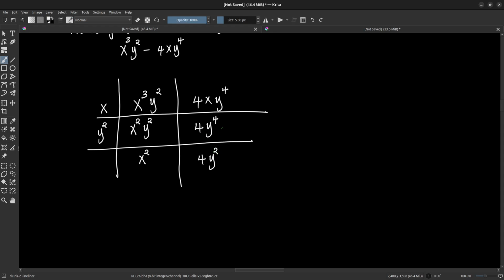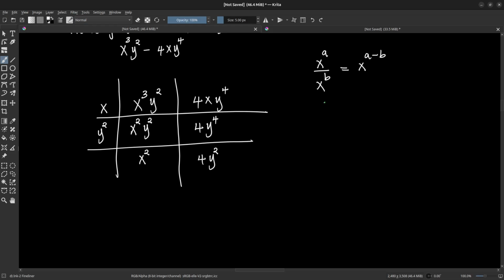And that is because when you are given x to the power of a over x to the power of b, this is the same as x to the power of a minus b.